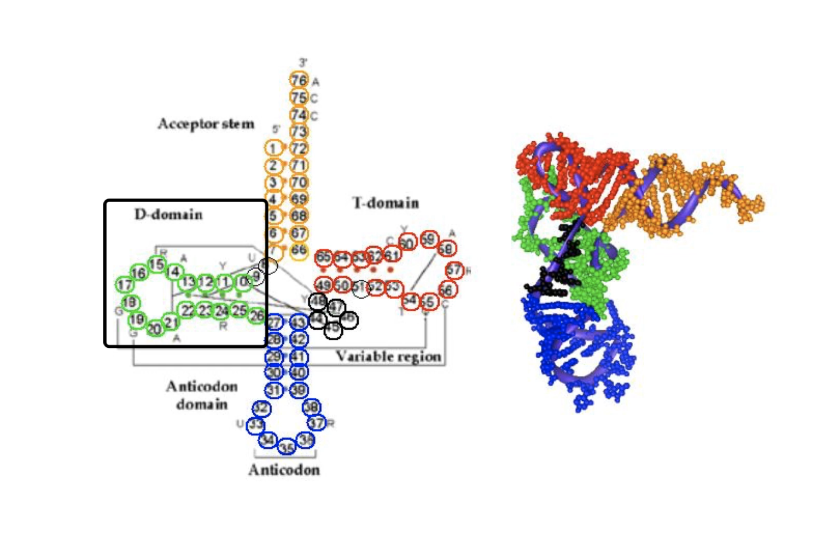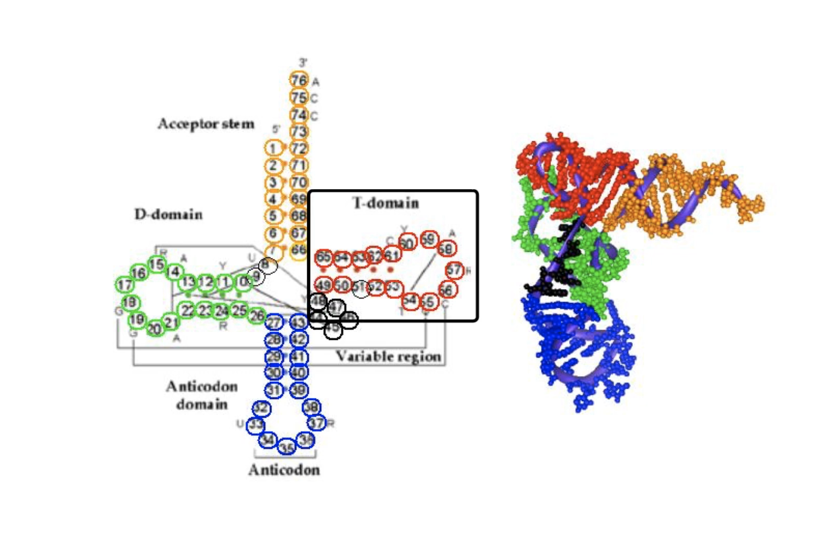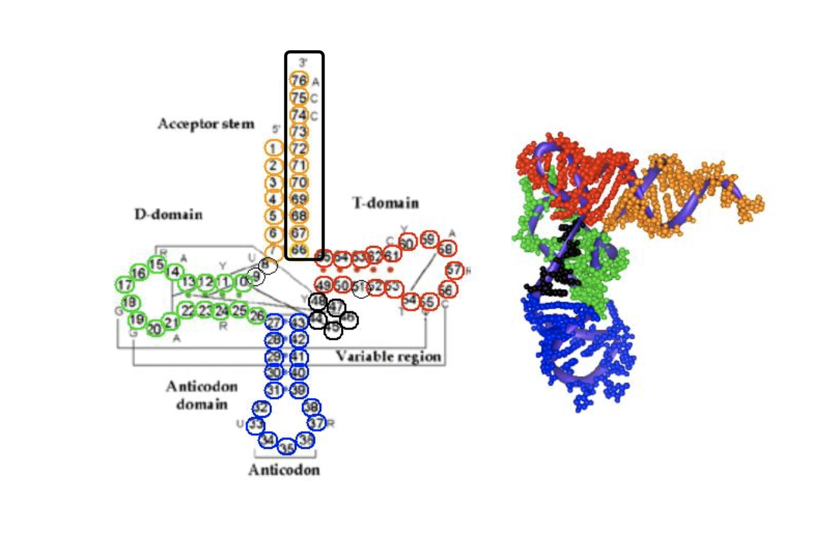And then here's the D domain, which contains a dihydrouridine, and then an anticodon loop, which has the anticodon down here that attaches to the codon in the mRNA. And then the T domain here, which contains a thymidine, normally found in DNA, but here it's found in RNA. And then back up to the 3' end of the acceptor arm, and that's where the amino acid is attached right there.